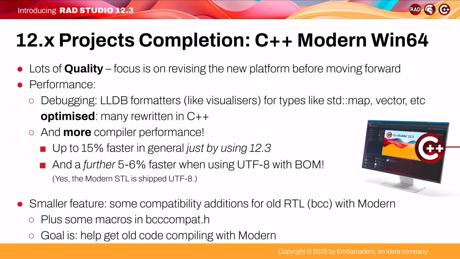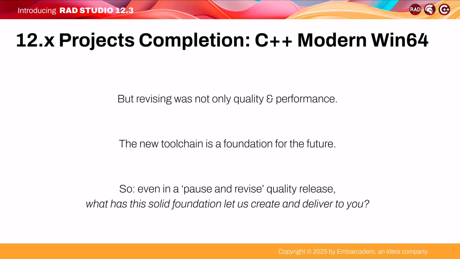So, lots of quality work, including performance, and helping you to move forward. But while we have emphasized moving to the new toolchain, we also emphasize strongly why we have the new toolchain, that it is a foundation for the future. The new toolchain lets us build things we could not before.